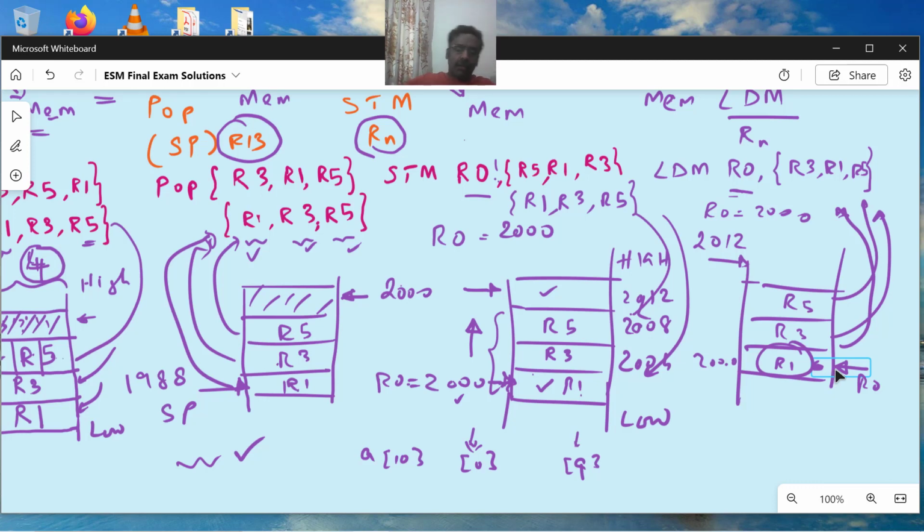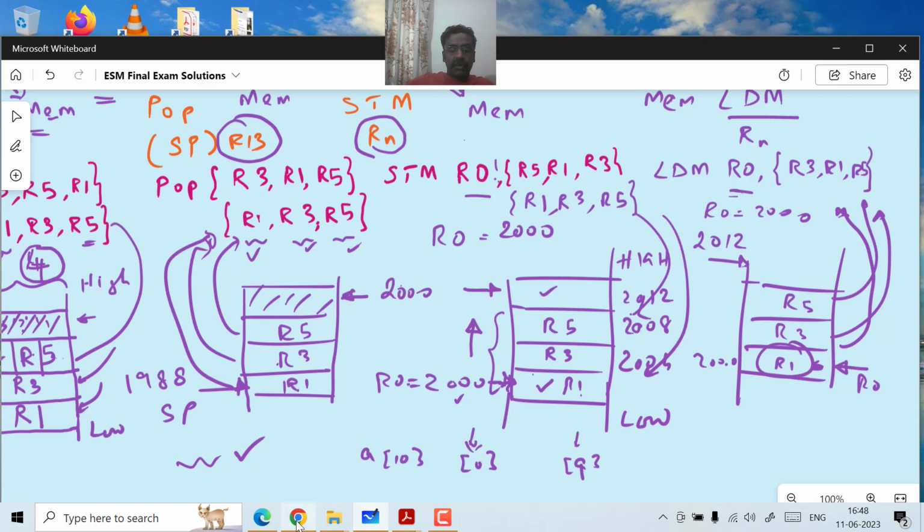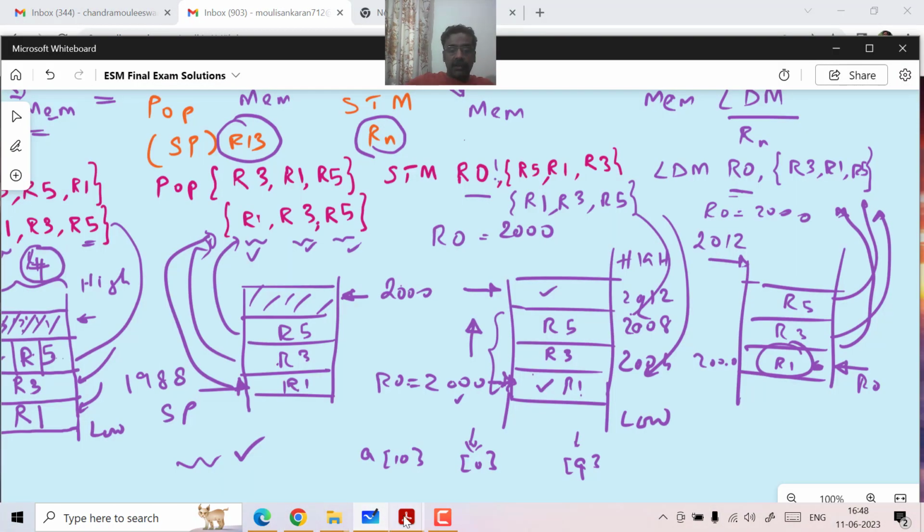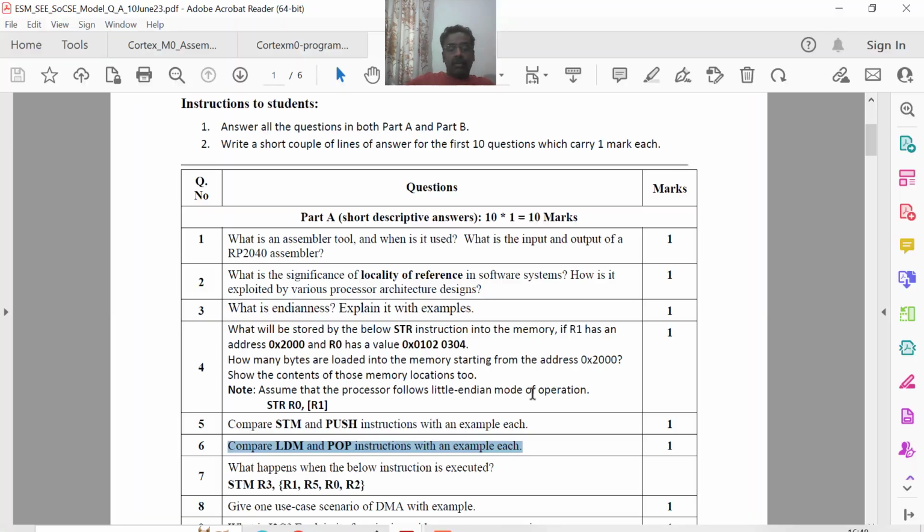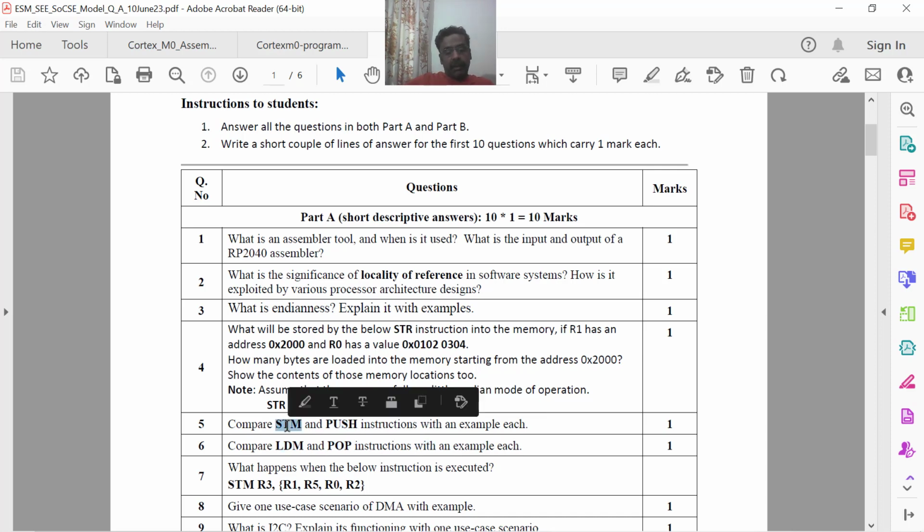So what is it that you need to write? The question is a simple one. You need to write that push uses the stack pointer and STM doesn't, maybe give an example and then draw the picture. That is enough. Push uses the stack pointer and STM doesn't use it; based on the base register you are giving, it will be storing into the memory.